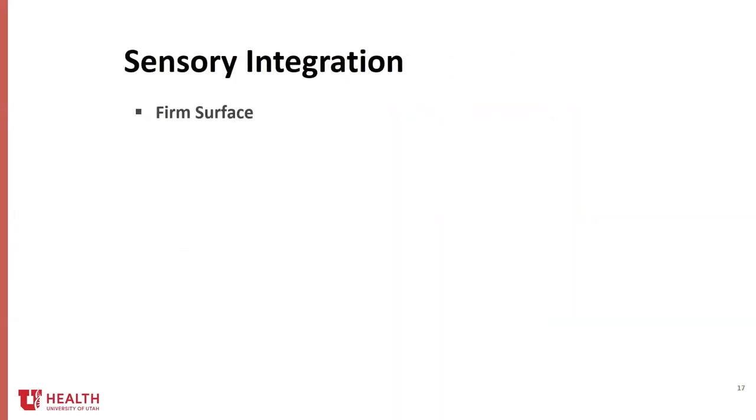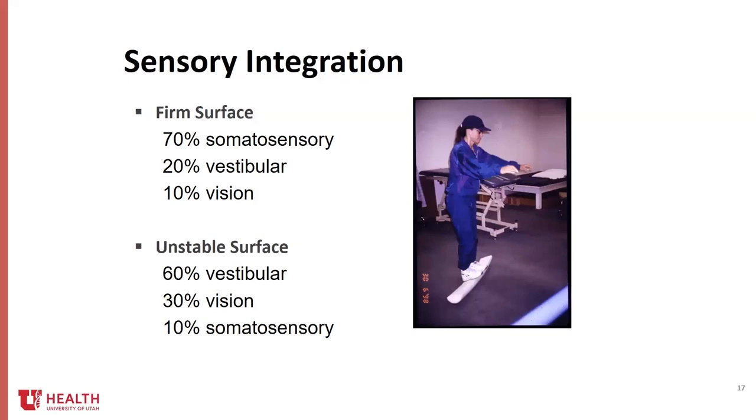We use all of these sensory systems at once, but we don't weight them all the same. So if we are standing on a really hard surface in a very well-lit room, we are going to use the predominant sensory system of our somatosensory information. We'll weight these differently, depending on different conditions and different pathologies that might exist across people. For instance, if we're standing on an unstable surface, we might depend a lot more on our vestibular sensory system.